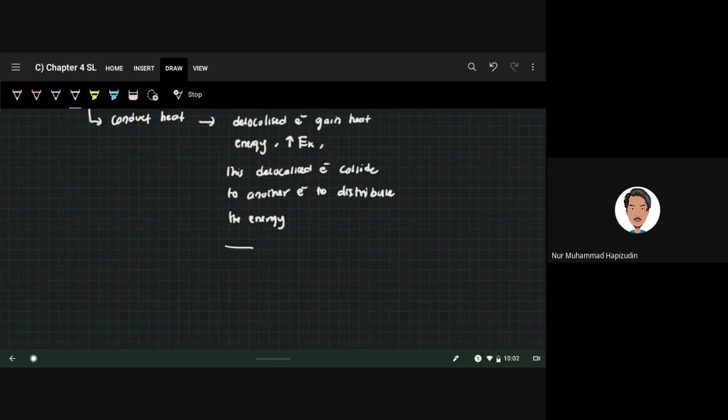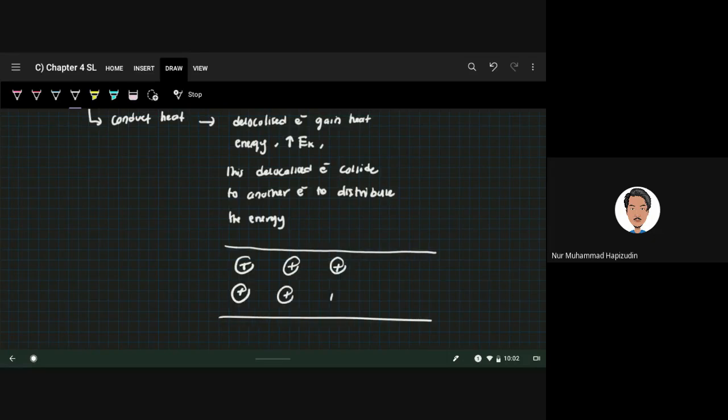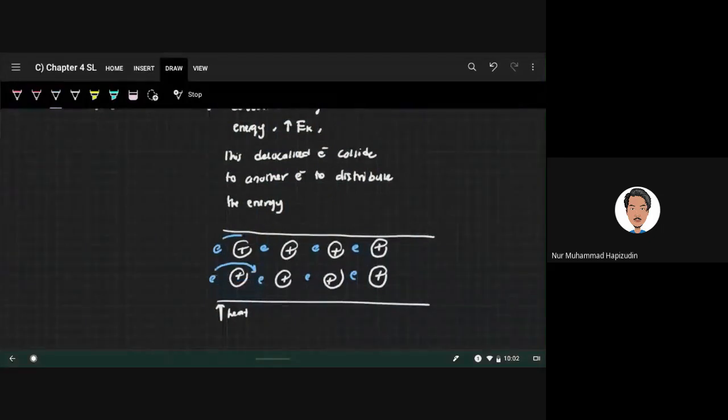So kalau yang tak nampak macam ni lah contoh. Dia ni adalah metal. Imagine this metal. Okay, ni heat. Okay, ni elektron. Heat, and then this electron akan gain kinetic energy and it will move to the cooler area. It will collide to another electron.